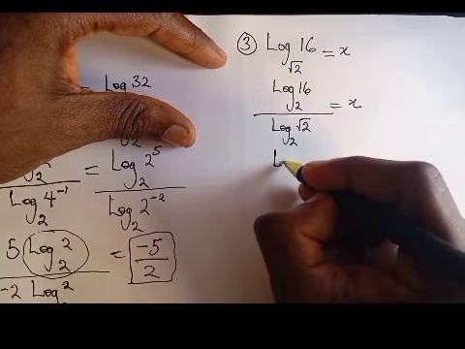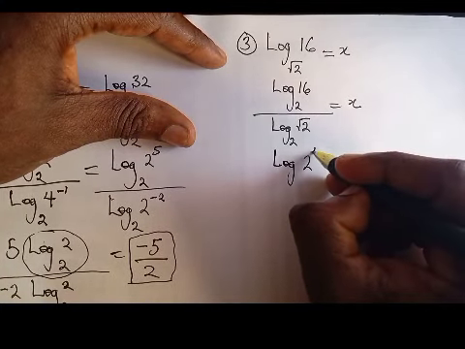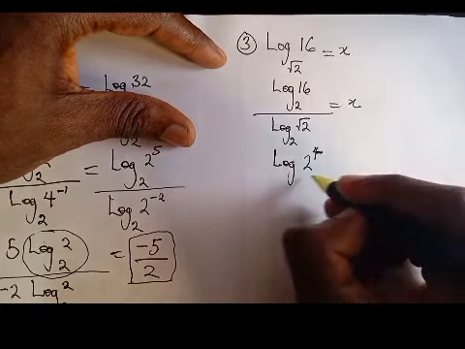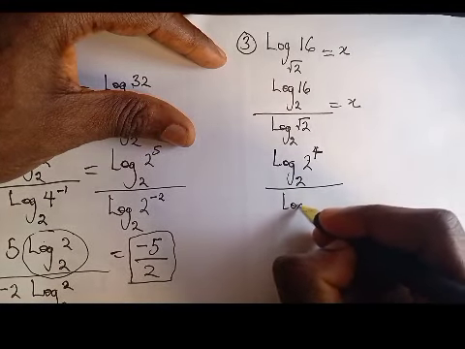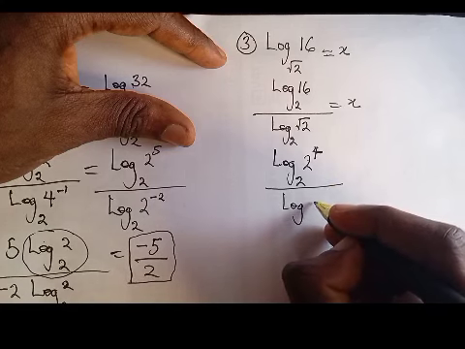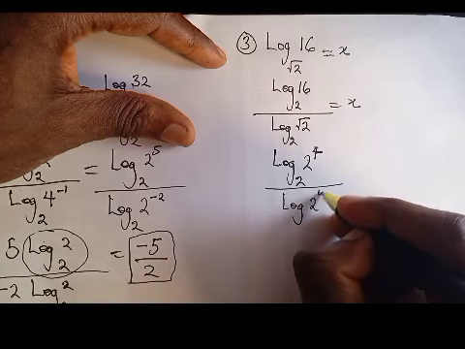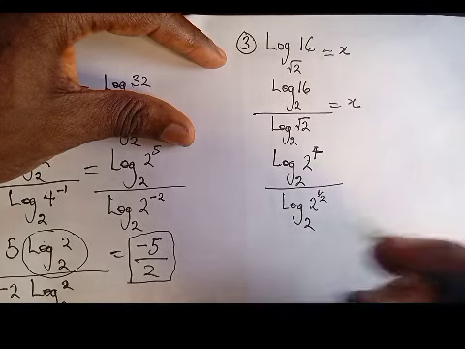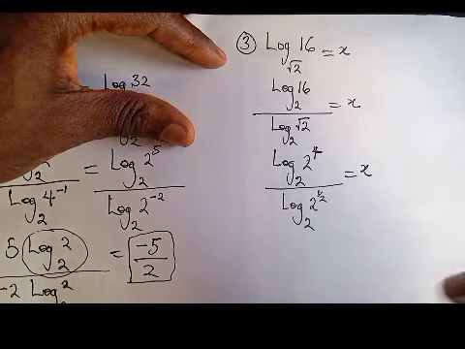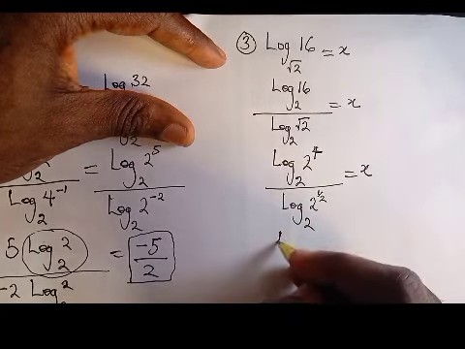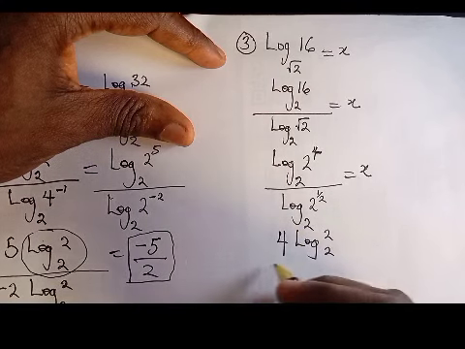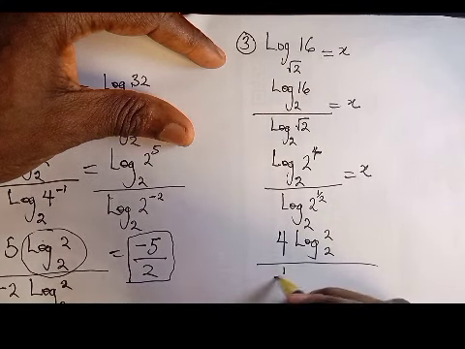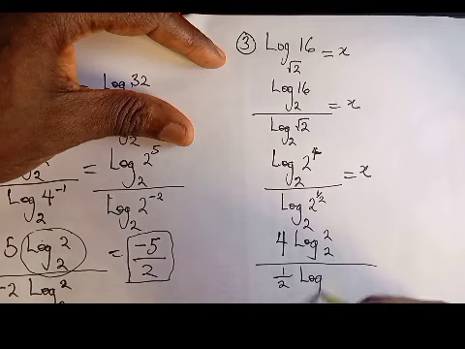Log 16 is the same as log 2 raised to power 4 to base 2, all over, while the square root of 2 is the same thing as 2 raised to power half, to base 2. Now, this is then going to become 4 log 2 to base 2 over half log 2 to base 2.